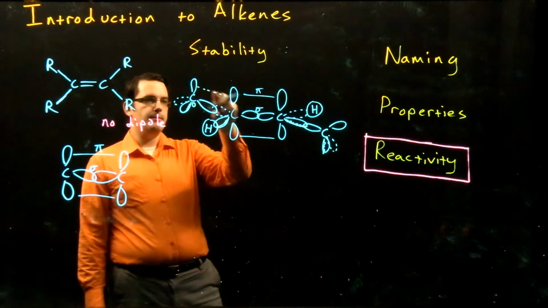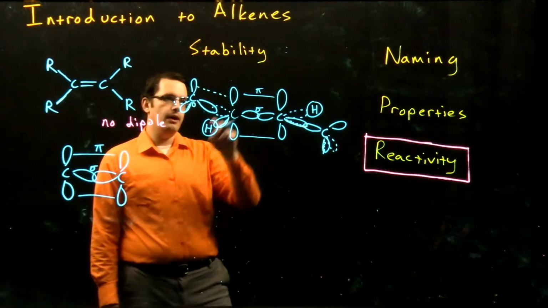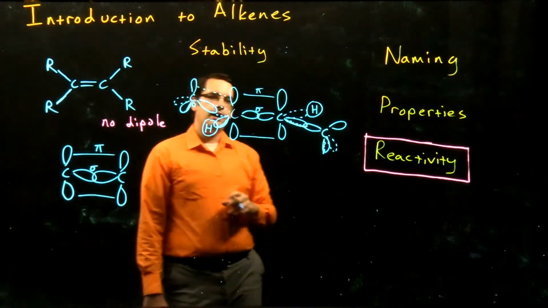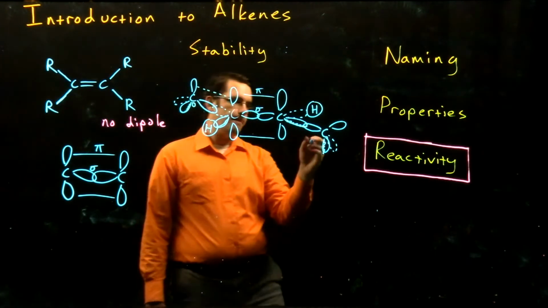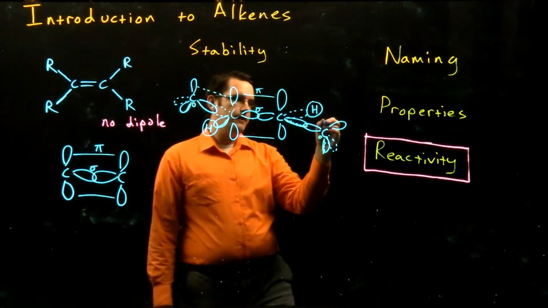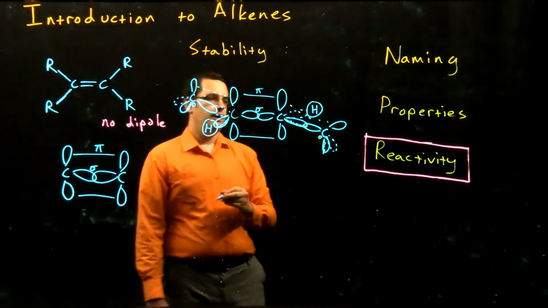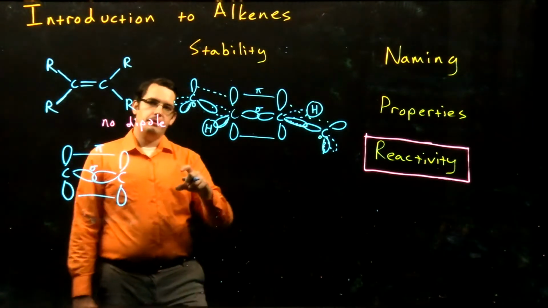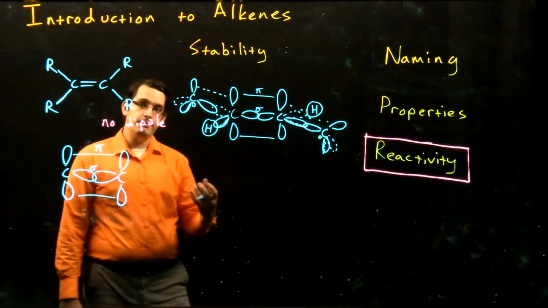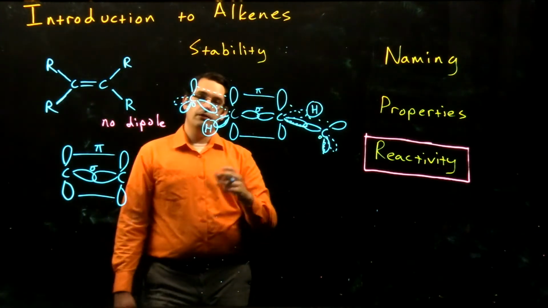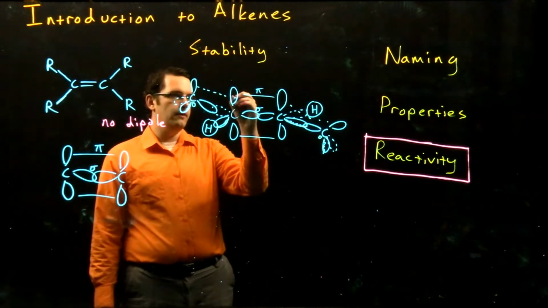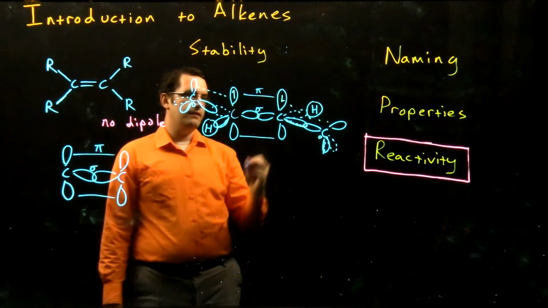They can get some side-to-side overlap similar to our pi bond, and they can help to stabilize our pi bond here. So they act very similarly to the sp3 orbital stabilizing the empty p orbital of the carbocation. In this case, we're stabilizing the filled p orbitals that are participating in this pi bond.